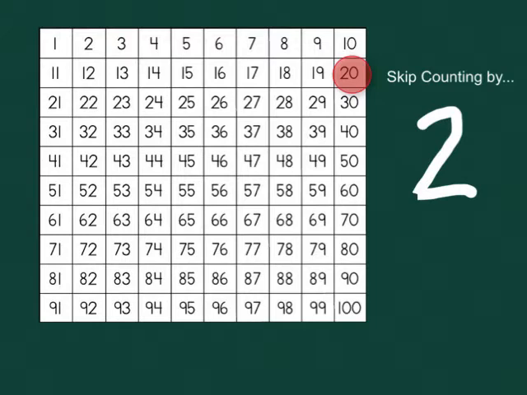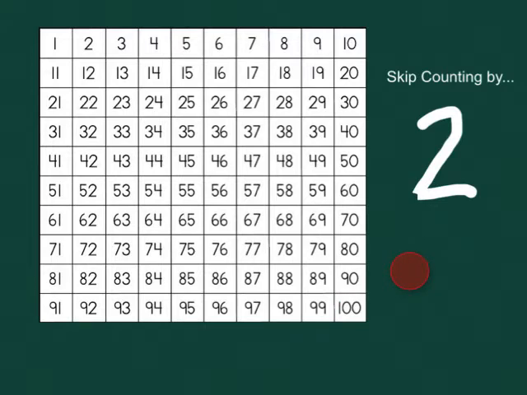What do you think will be the next number? Point to it for me. 22, 24, 26, 28, 30. And I keep going all the way down to 100. So my last row would look like this. 92, 94, 96, 98, 100.